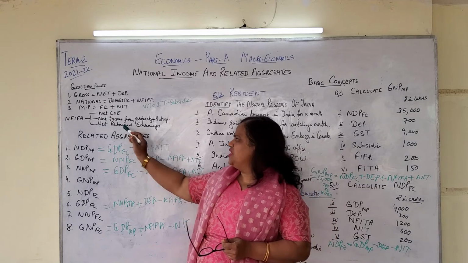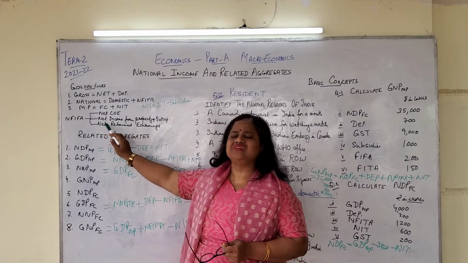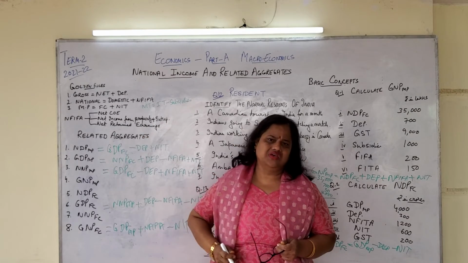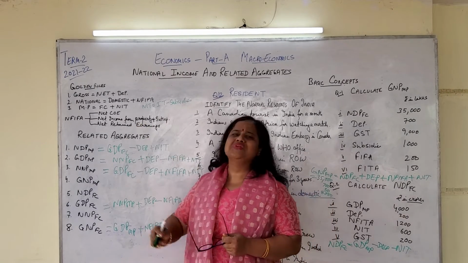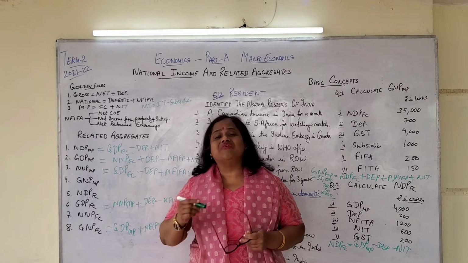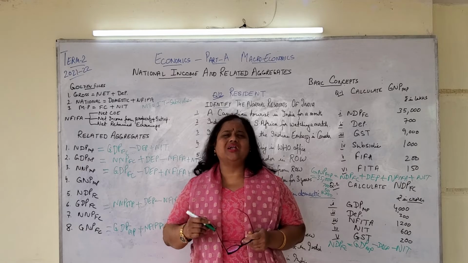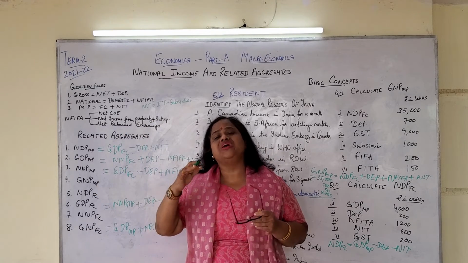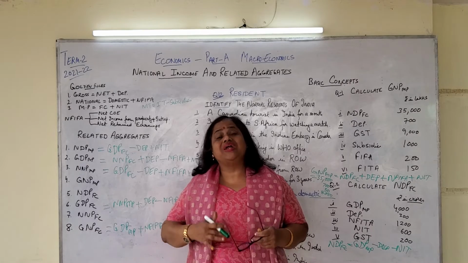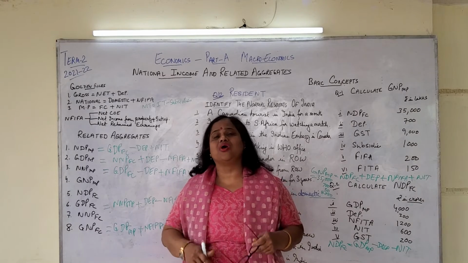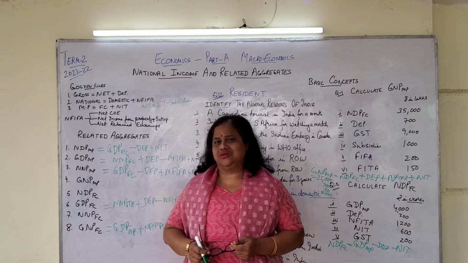So it has three components: net compensation of employees, net income from property and entrepreneurship, and net retained earnings. Now what do you mean by net compensation of employees? It refers to the difference between what our residents are paid by the rest of the world when they are employed abroad, and what we pay to the non-residents who are employed in our domestic territory for less than 1 year.